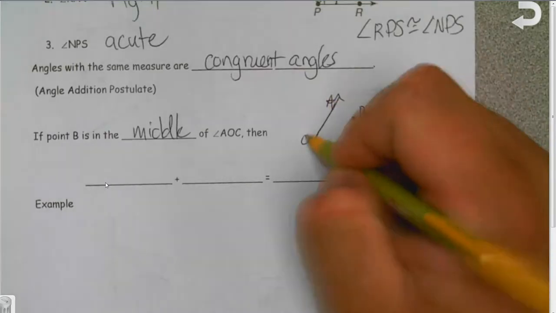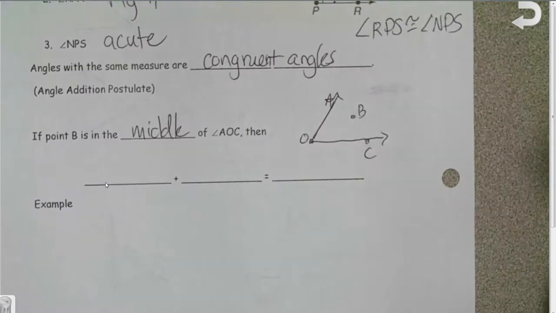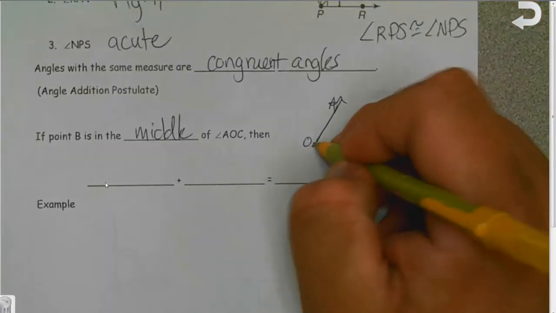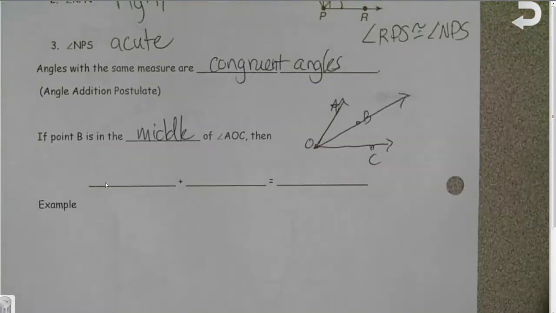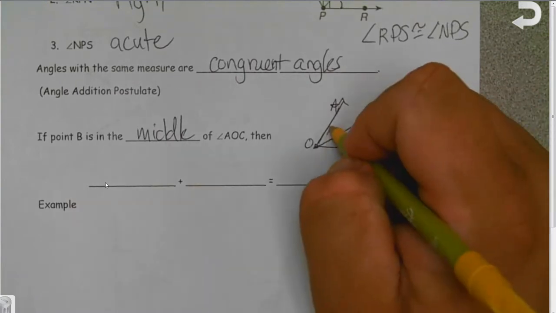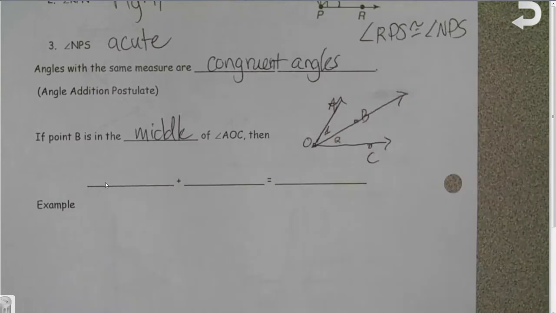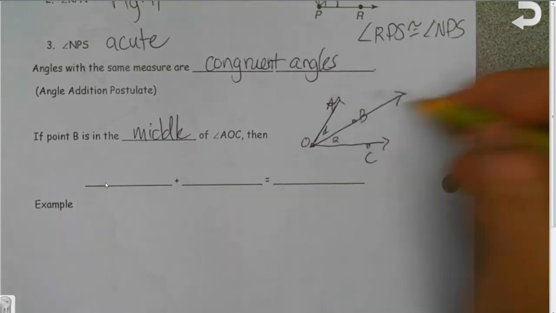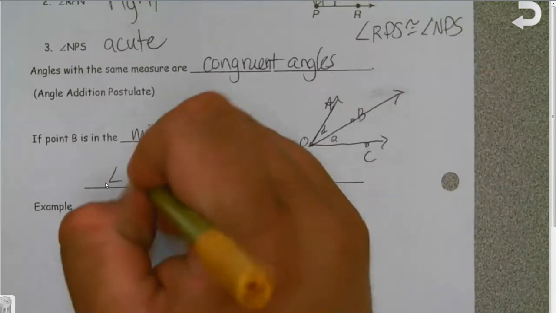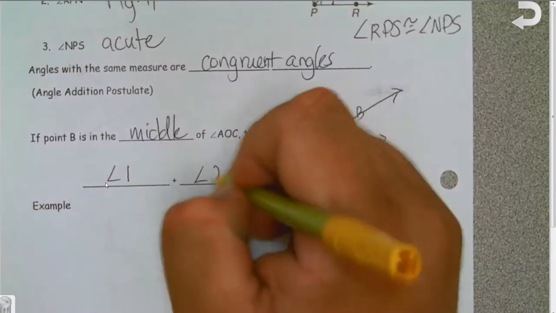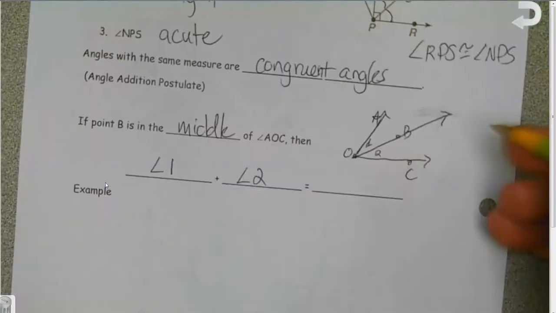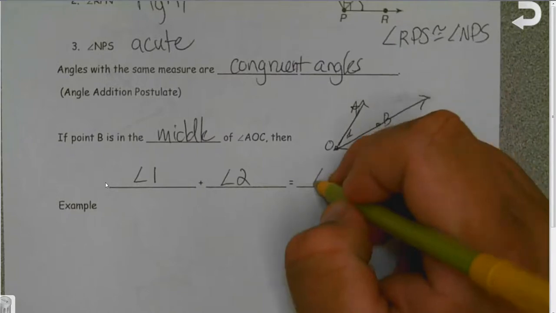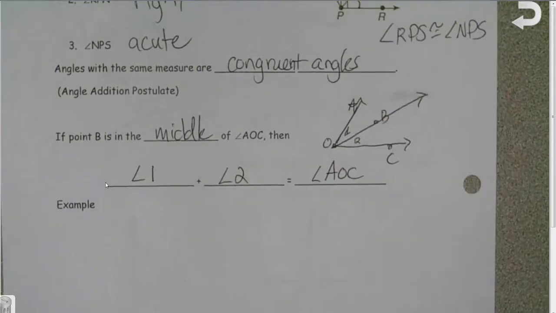Let's name the angle the way they say. If I draw a line from O to B, if this is angle 1 and this is angle 2, then angle 1 plus angle 2 together is going to equal angle AOC.